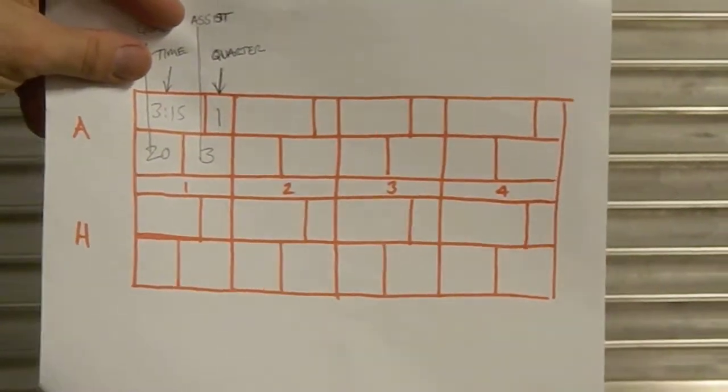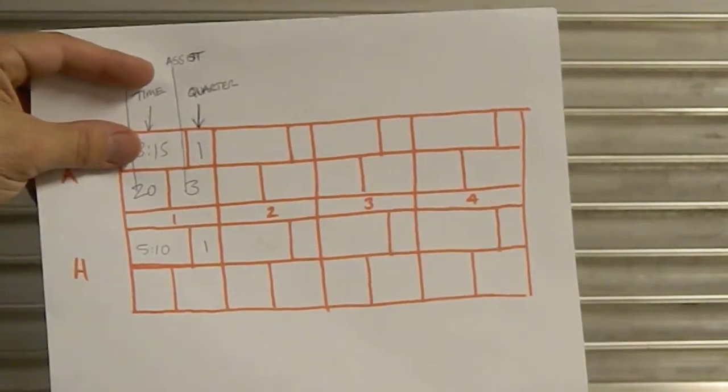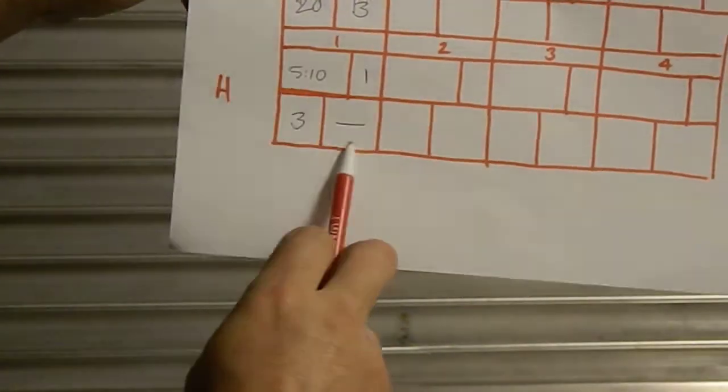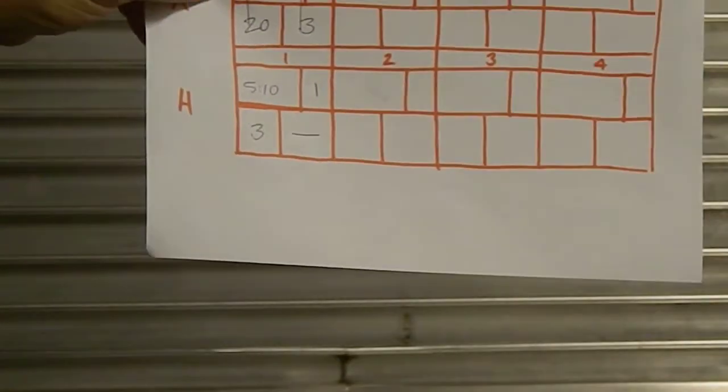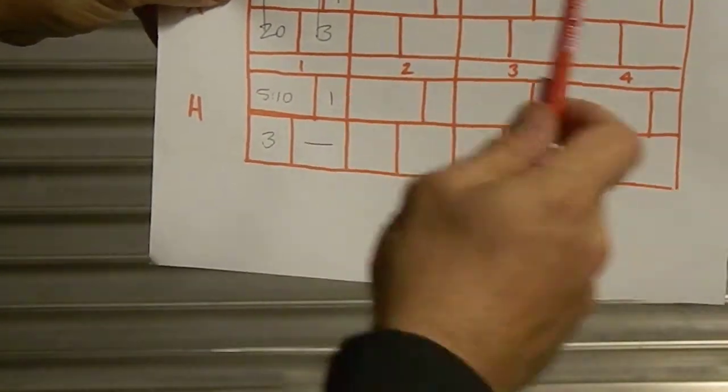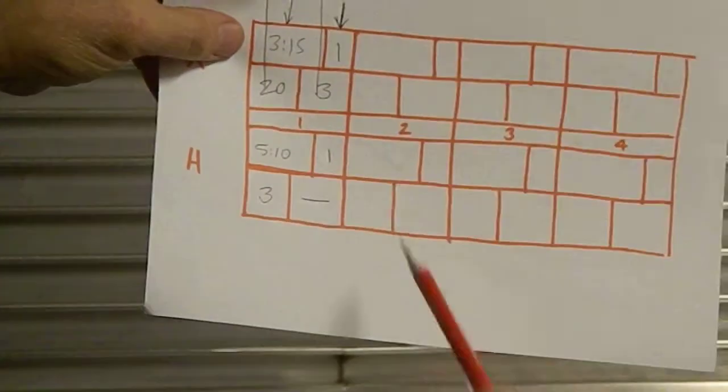So now the home team comes and they score a goal at 5:10 of the first quarter, and it was scored by number 3, and he dodged and there was no assist. So you're going to have number 3, and I'm just going to put a slash line like this in the assist box. So it's 3 unassisted. It was 5:10 of the first quarter. So now it's 1-1.